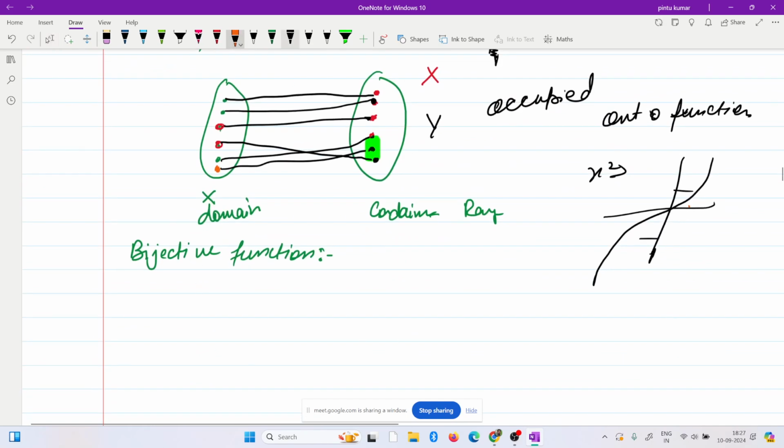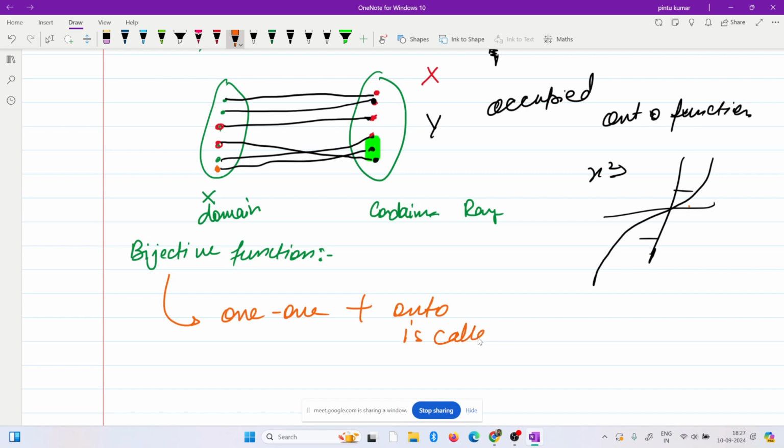Now, what is a bijective function? Any function which is one-one as well as onto is called a bijective function. Another name for a bijective function is an invertible function.